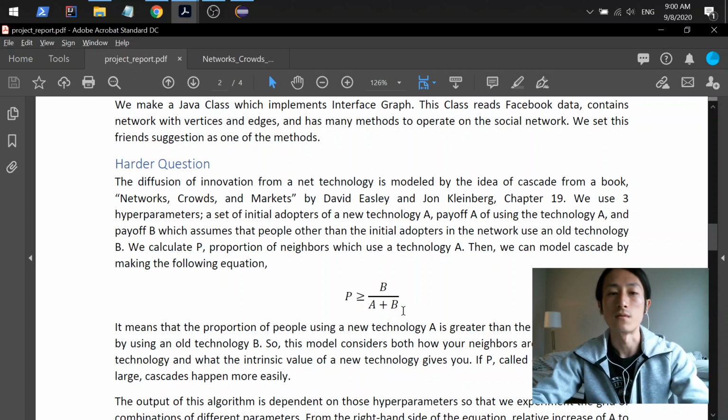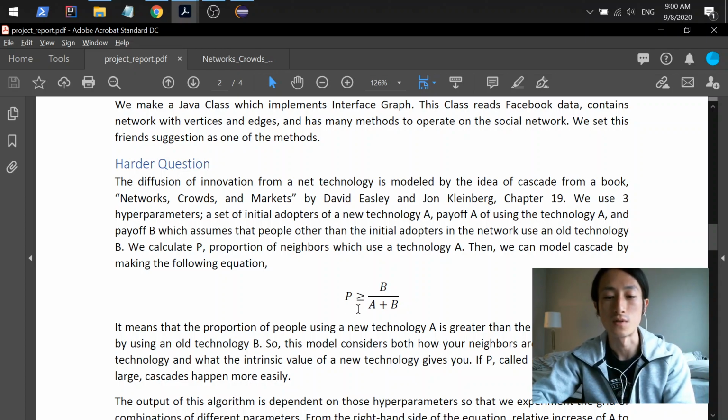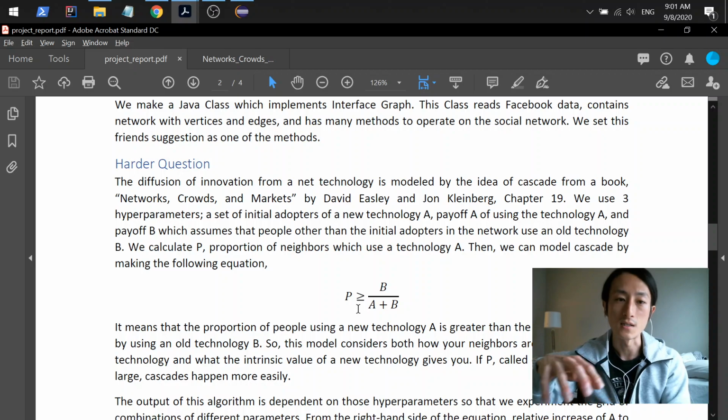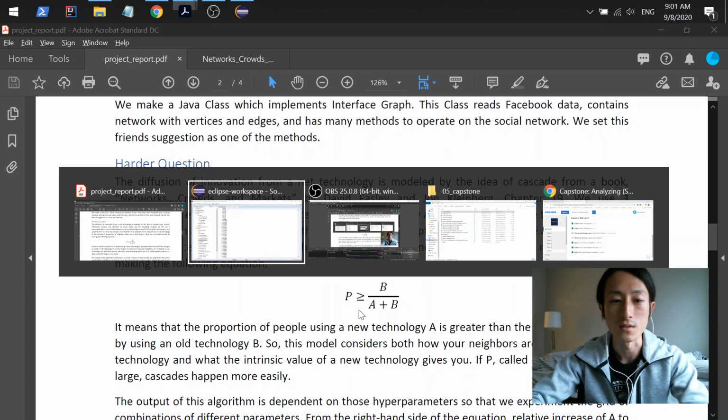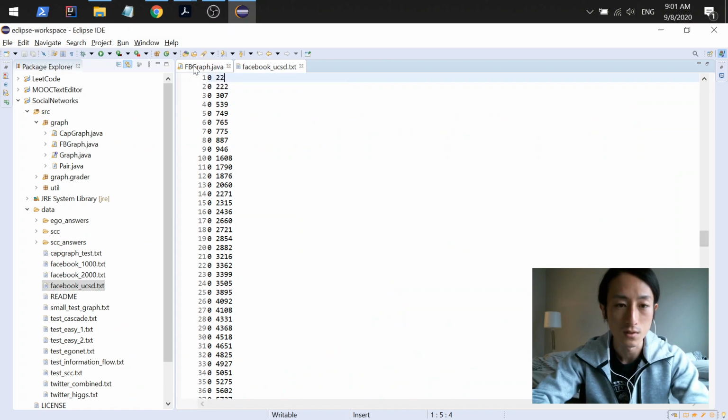This algorithm depends on the proportion and also the payoff of A and B. I tried many different combinations of this, and P is controlled by the initial adopters of the new technology. Then inside the cascade algorithm, we iterate the same process. Maybe we can just see the code.